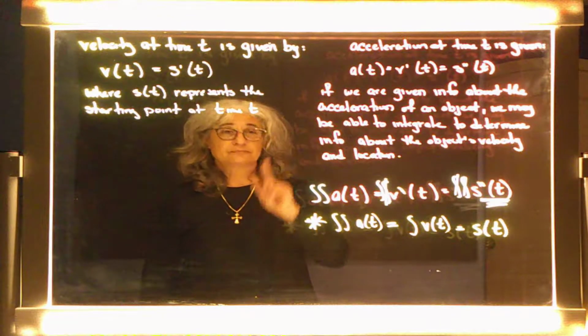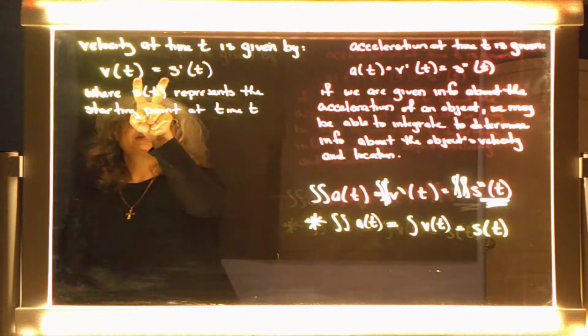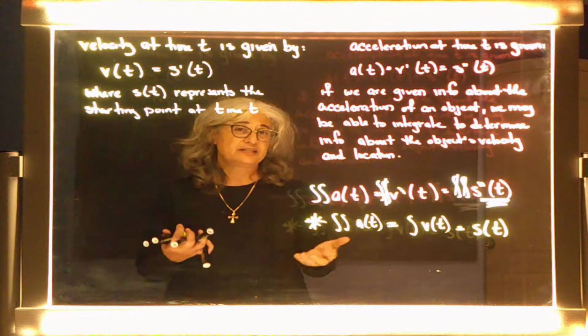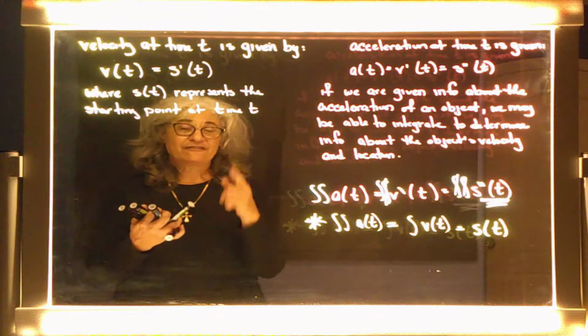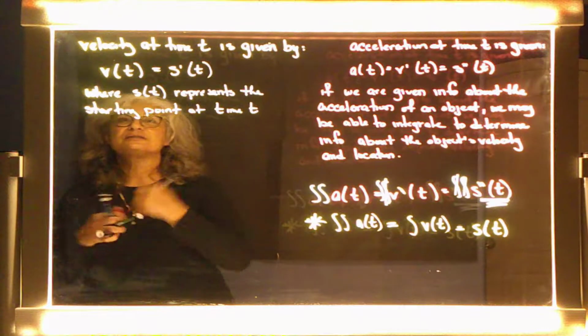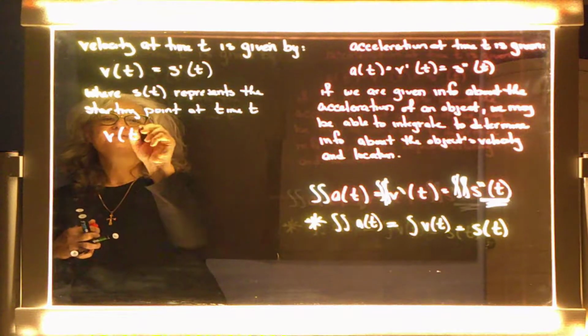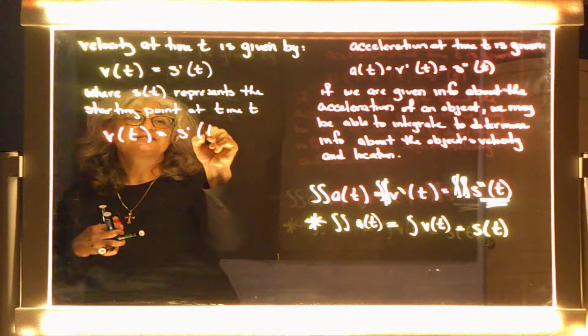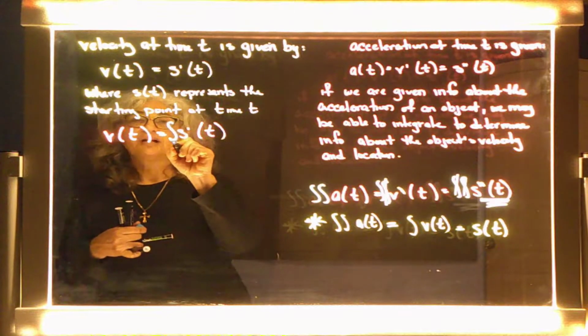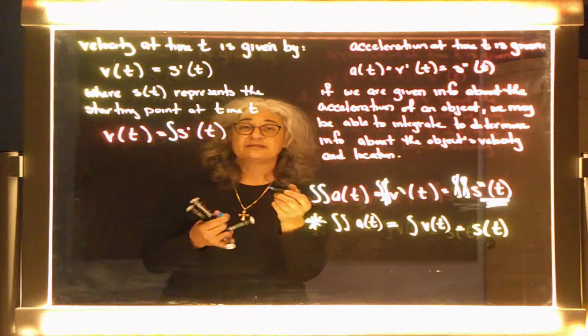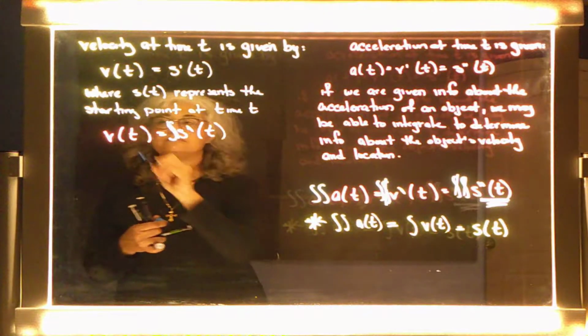So, and by the way, I could do the same thing on v of t equals the first derivative of the location. If I simply took, and I'm going to write it here, if I simply took the integral of the derivative of s of t, that would cancel.